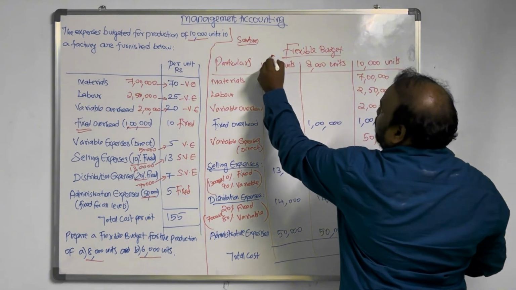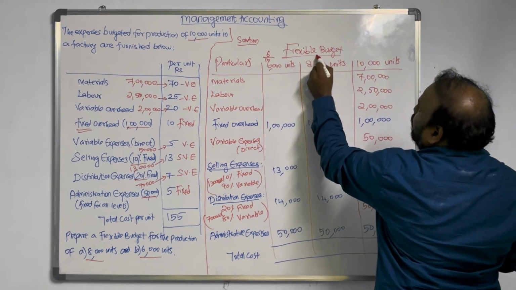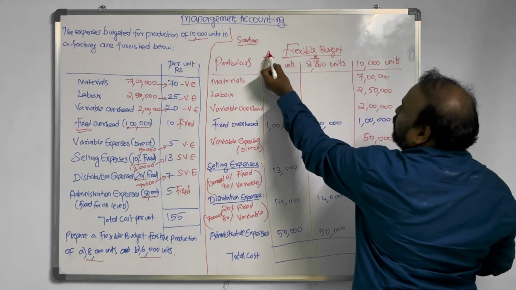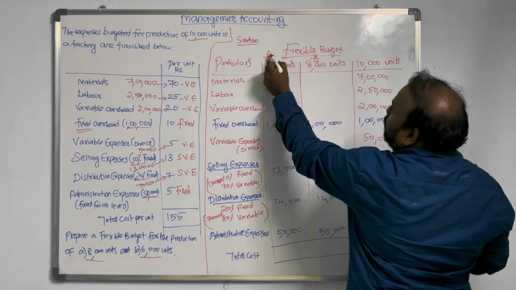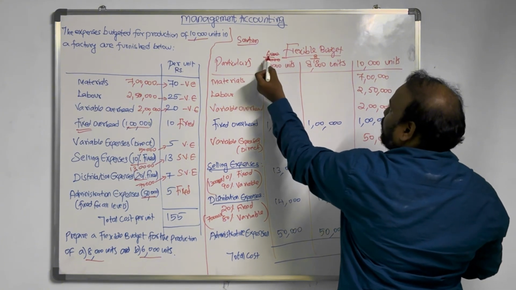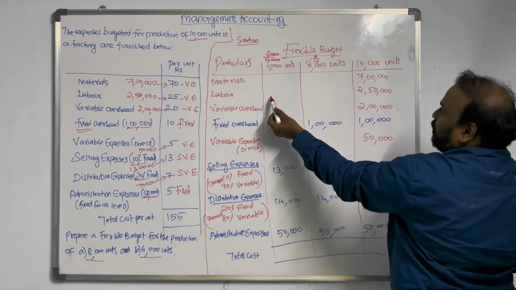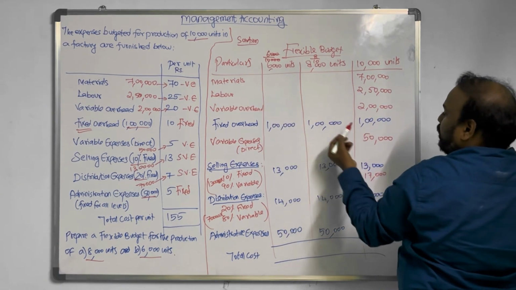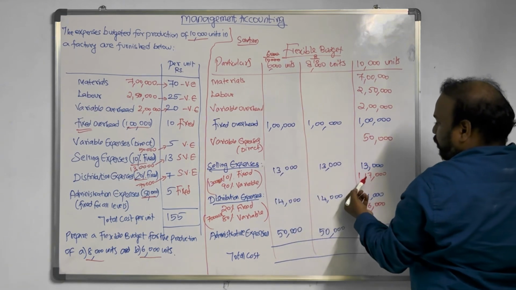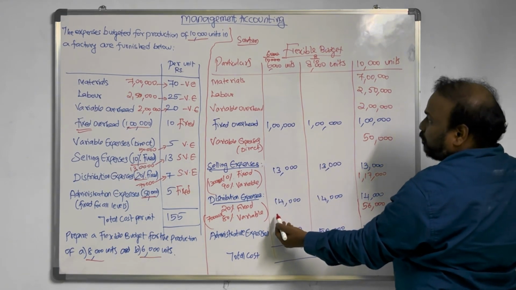To find this out, for 6,000 units it is 6 by 10, that is 6,000 divided by 10,000. When you cancel, the zeros can be cancelled. So 7 lakh into 6 by 10, 2,50,000 into 6 by 10, 2 lakh into 6 by 10, 50,000 into 6 by 10, 1,17,000 into 6 by 10, 56,000 into 6 by 10.